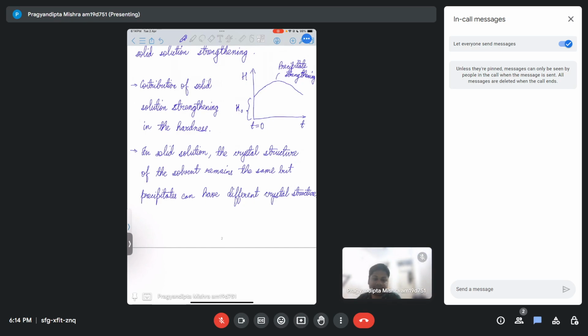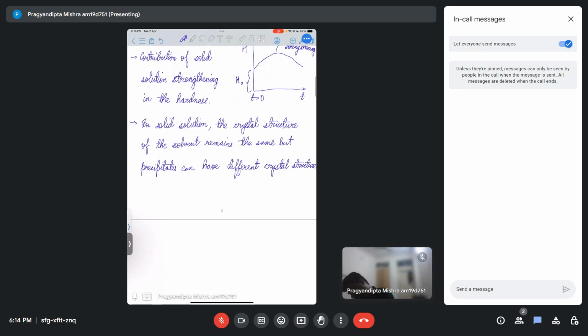Secondly, these solutes that we are adding are atoms essentially. They are not a separate phase, while a precipitate is a separate phase. So that is another important point.